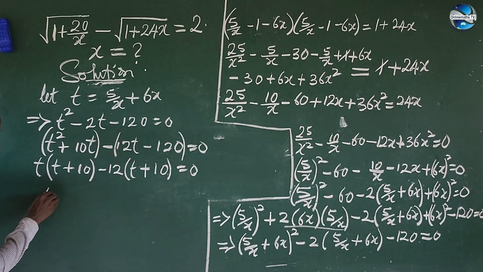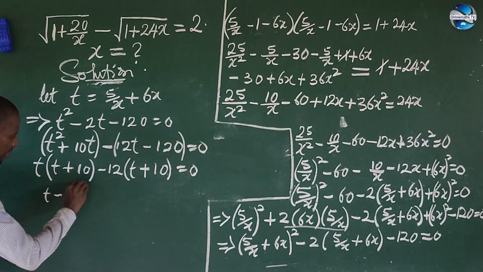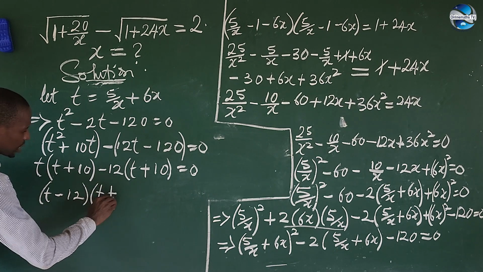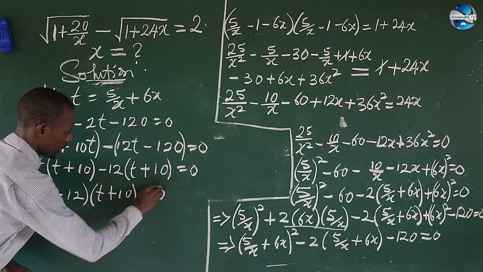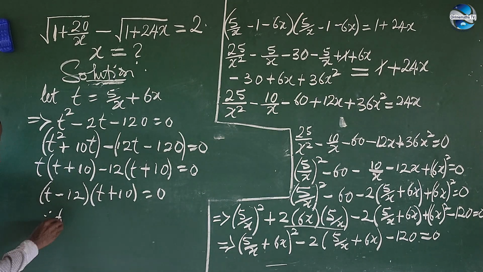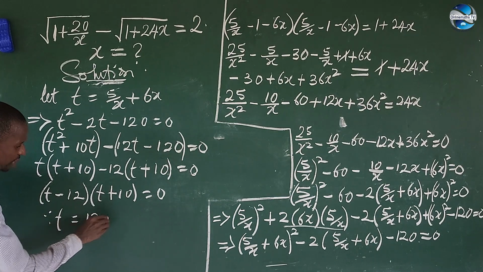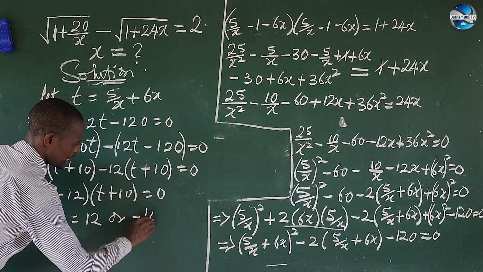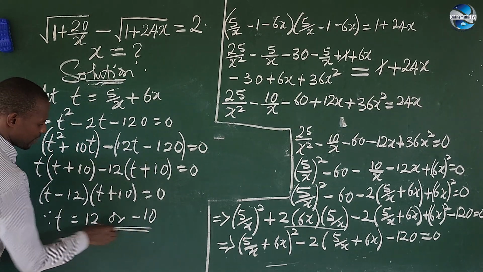So from here we have t minus 12 close bracket, t plus 10 equal to 0. So therefore we now have t equals positive 12, or here will give us minus 10. So these are the values for our t.